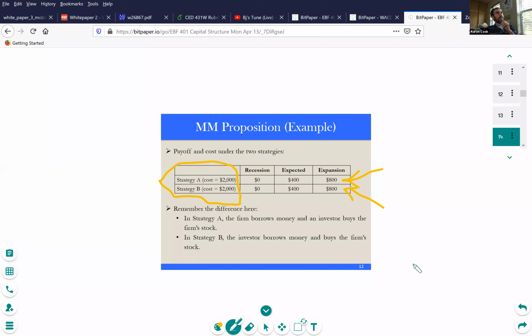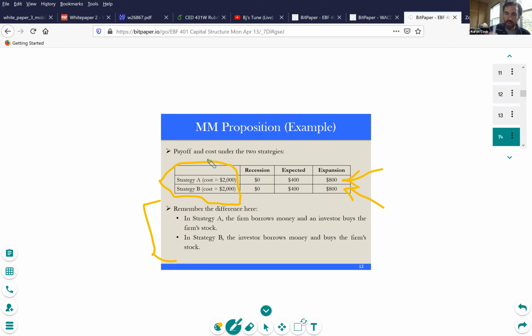So we have two different strategies that cost exactly the same, and that pay off exactly the same amounts. Not only do they have the same average returns, they have the same variance of returns. They have exactly the same payoffs under any state of the world, whether it's a recession or normal conditions or an expansion. So that's the key summary, the payoff and the cost summary of these different strategies.